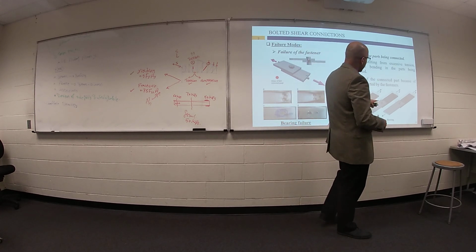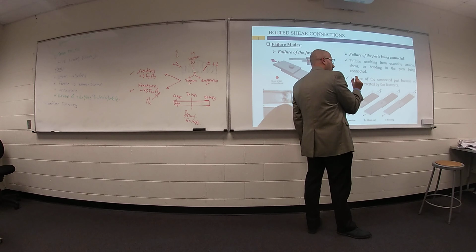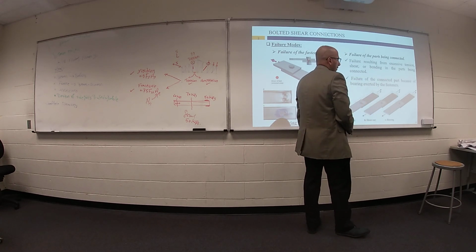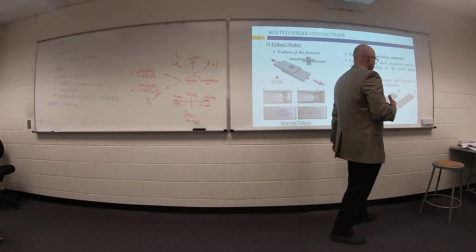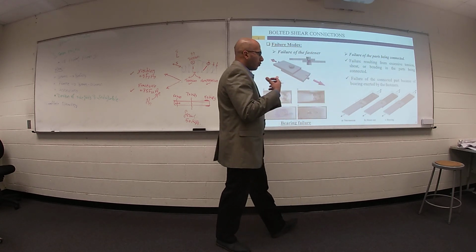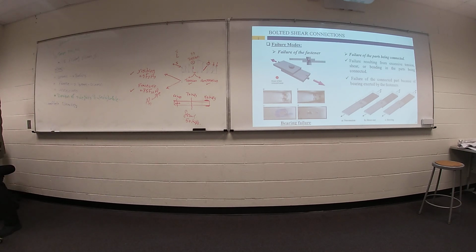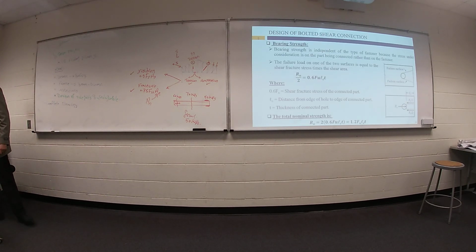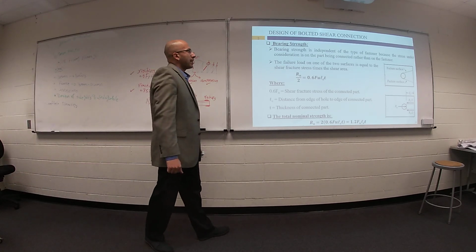We can expect tearing something like this in this little part of your member behind your bolt. We can expect bearing like this. So we need to avoid this mode of failure. Can you tell me what is the resistance of your member to avoid all of this? Yes.